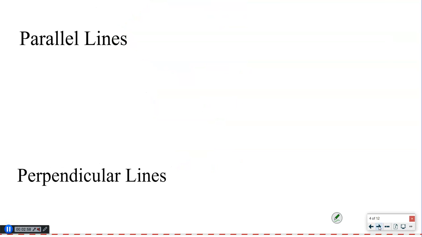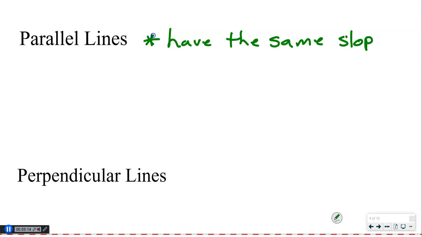Parallel lines. Parallel lines have the same slope. So any lines that have the same slope are going to be parallel lines. And parallel lines don't cross.